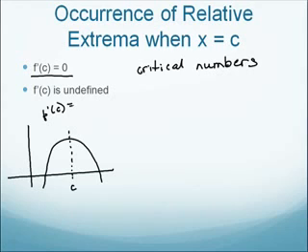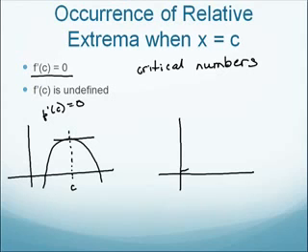We're saying, well, what is the slope of the tangent at that point? And it would be 0, because the slope of the tangent is horizontal there. So we can have extrema when the first derivative is equal to 0, or when it is undefined.